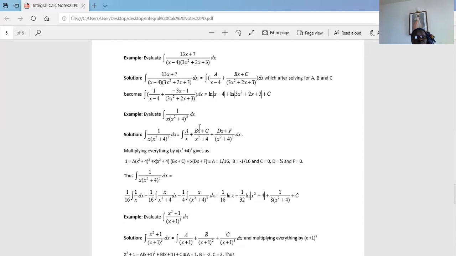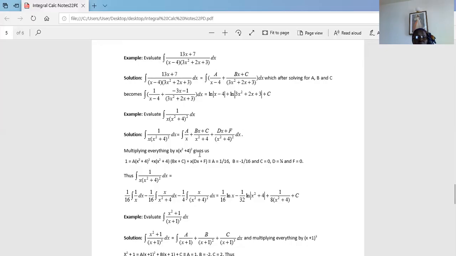And that is bx plus c over x squared plus 4. So this is like y. Then this is like y squared. So y squared also has the same numerator form, dx plus f.